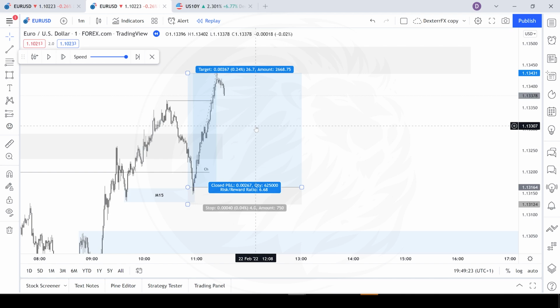But you have to be very careful, and in my opinion it's better to trade a counter trend if you have already made some profit into the week.